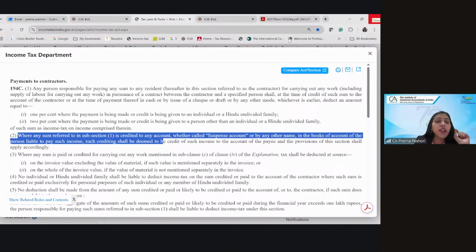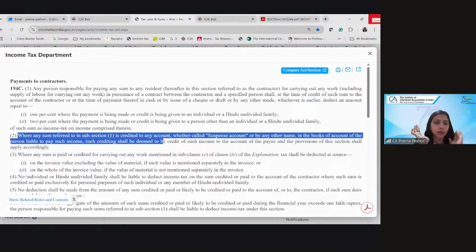Okay, so what they are trying to say over here, that work shall include all of this: advertising, broadcasting, carriage of goods other than railway, catering, manufacturing or supplying a product according to the requirement of the customer by using the material purchased from the customer itself or its associate.